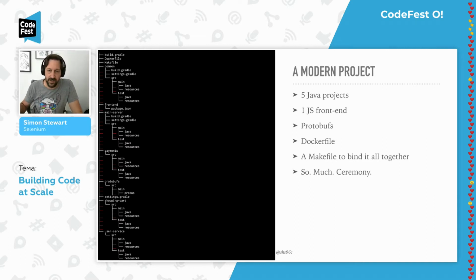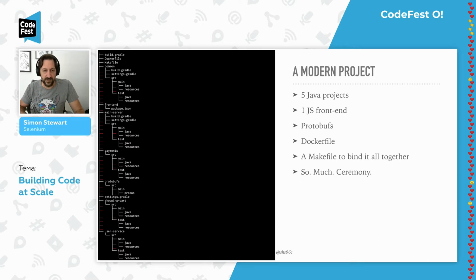So we use Docker to build bits and pieces. And then in order to give people a nice experience working on the console, maybe we give them a makefile to bind everything together. And there's something quite interesting to notice here, which is there is a huge amount of repetition and ceremony that is placed in here.